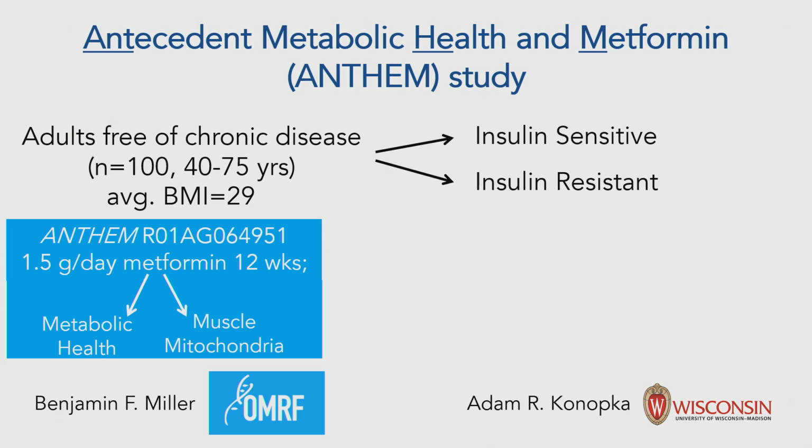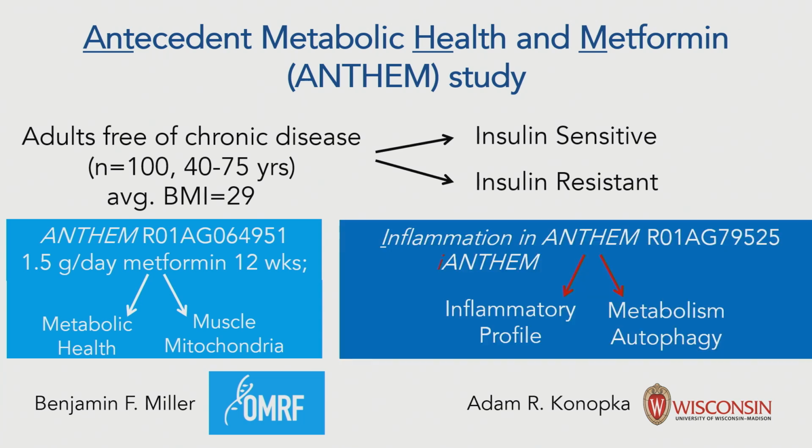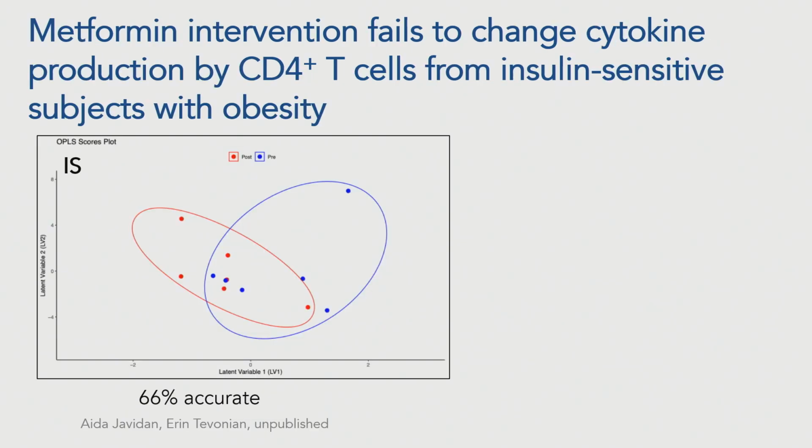They're right on the line of obesity, such that his people who were basically obese and insulin sensitive were probably very similar to the cohort that we were looking at in Kentucky with our in vitro samples. So we wrote an ancillary project to their ANTHEM, calling it iANTHEM, to add tubes of blood as well as indicators of metabolism and autophagy in the immune cells and looking at inflammatory profiling.